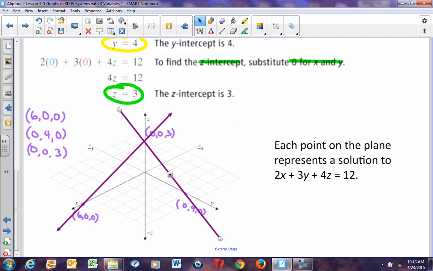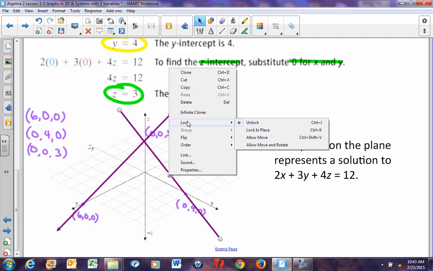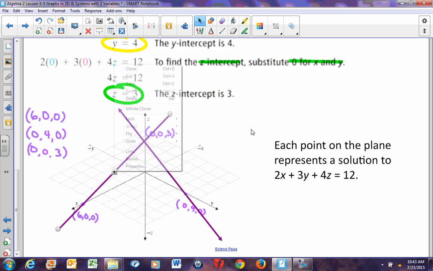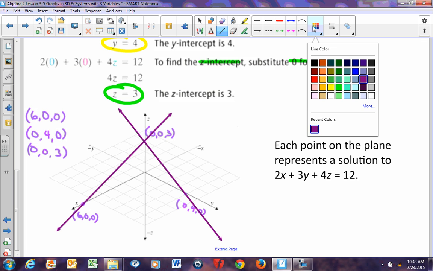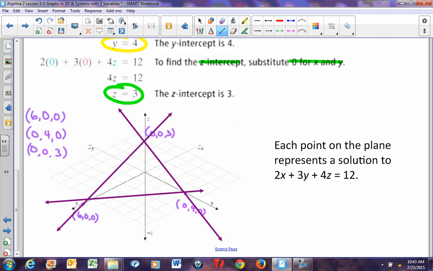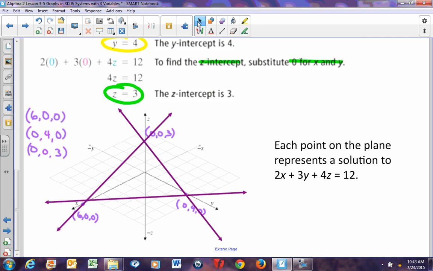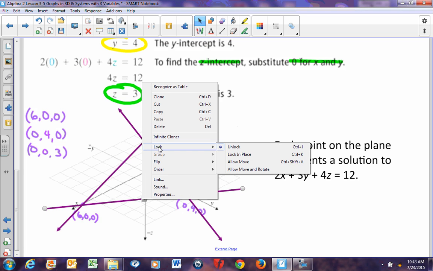There's my second trace, lock it in place. And last but not least, I need my last trace, which would be between these 2 points up here. This point here. And lock those in place.